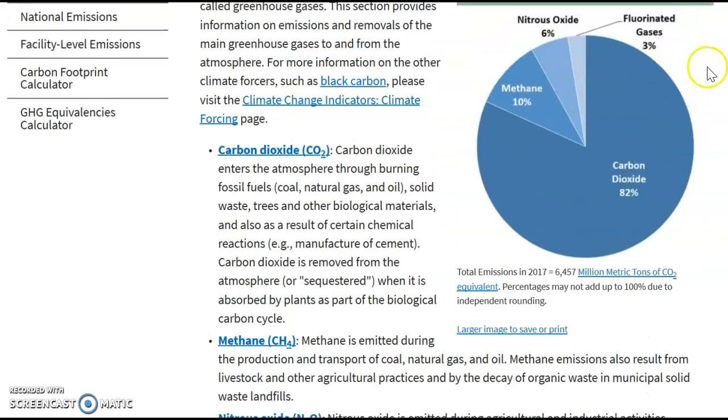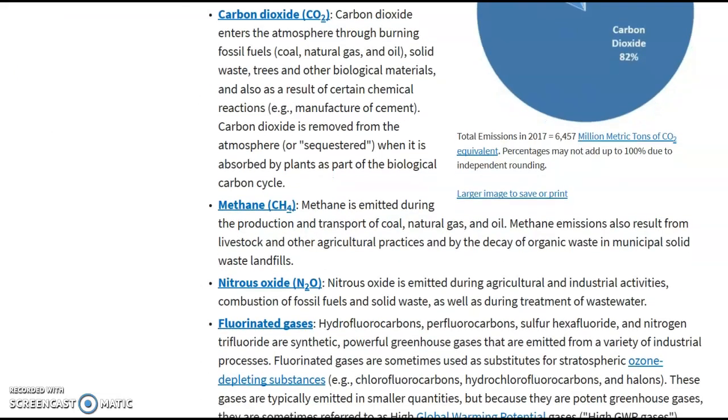And then the last one is fluorinated gases, 3%. So those are CFCs, fluorinated gases. This comes from air sprays, cleaning reagents, what else?